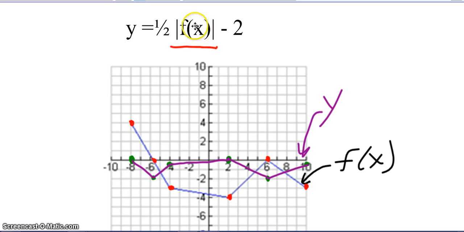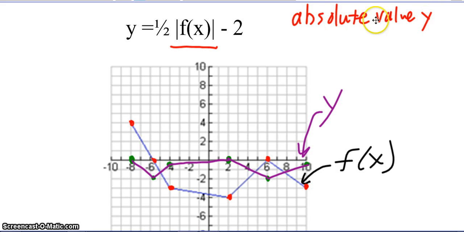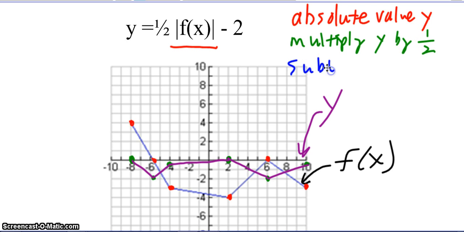The order in which I'm going to do this is the absolute value of y, multiply y by 1/2, and then subtract 2 from the y's.